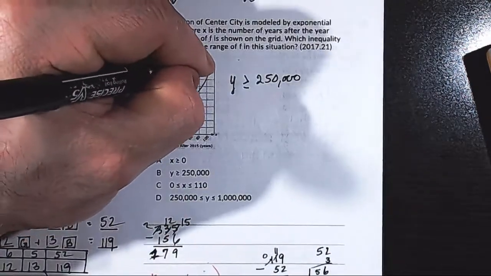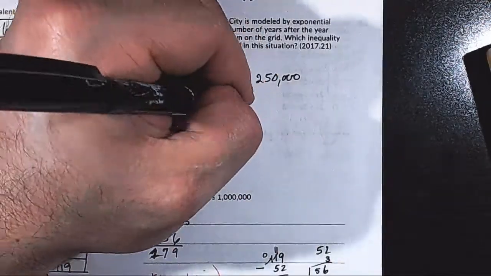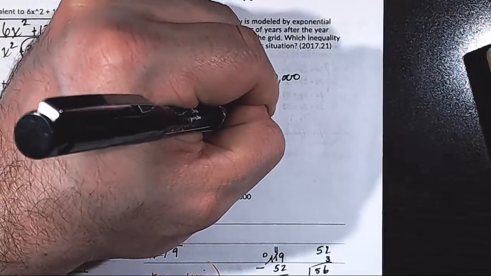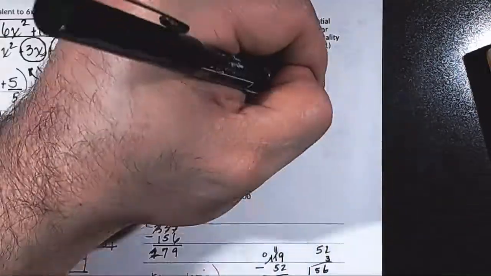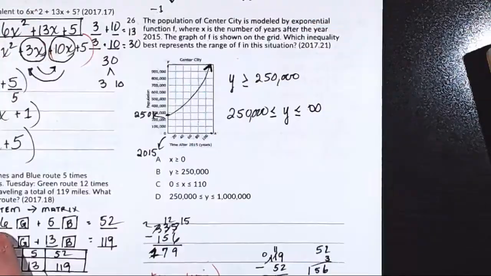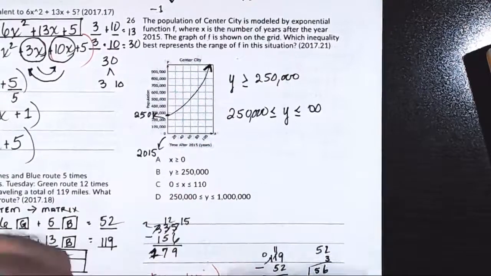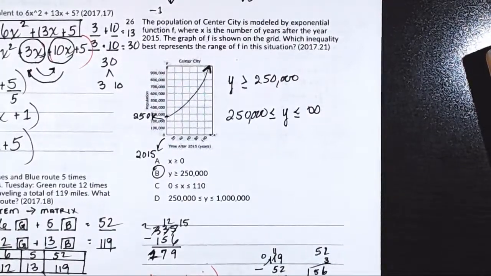It has an end cap with a little arrow saying that it goes on forever. So the full inequality would be 250,000 less than or equal to y less than or equal to positive infinity. But the only one that actually makes any sense is letter B. Okay, and so that would be the answer choice. That was more of an identify problem.